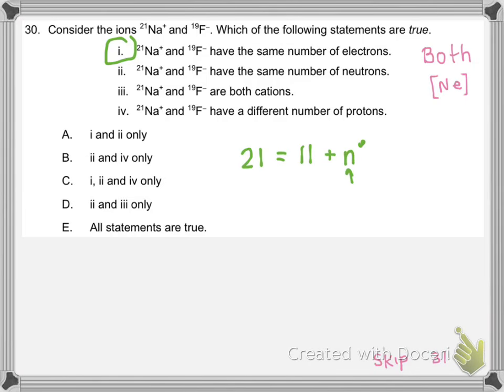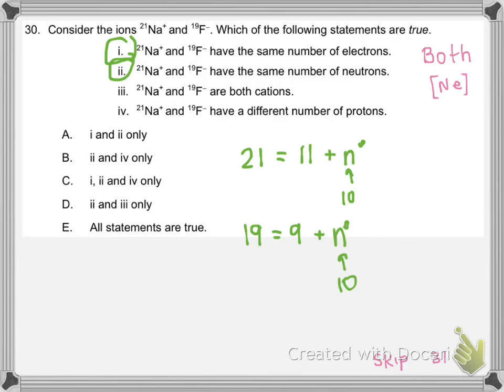We can see then that we're going to have 10 neutrons. For the fluorine 19, we'll have 19 is equal to its atomic number, which is 9, plus neutrons. And so we can again see that this would have 10 neutrons. So the second option is also correct.